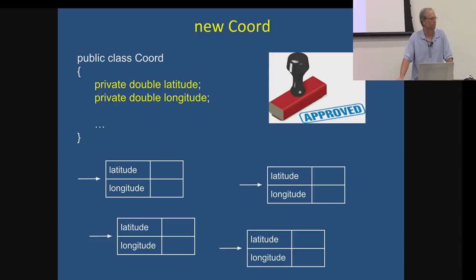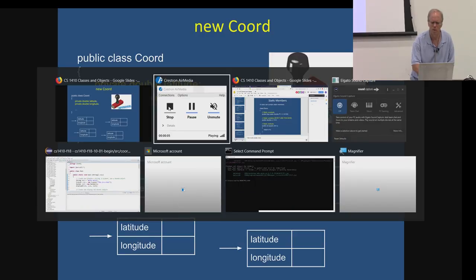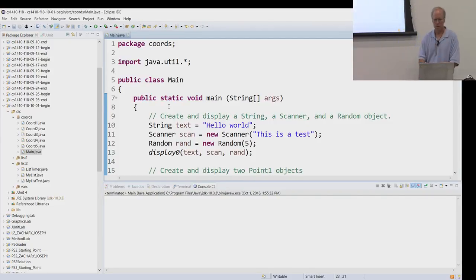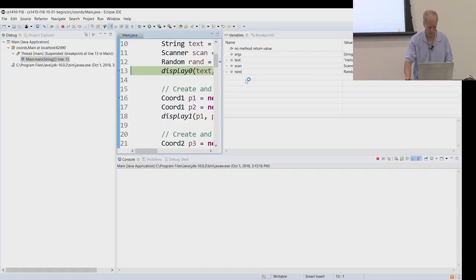Now I'm going to go to Eclipse for a second and show you something. Okay, this is a main method, and it creates a string, a scanner, and a random number generator. And I'm going to put a breakpoint right here, and then I'm going to run in debug mode, and it's going to enter debug mode.